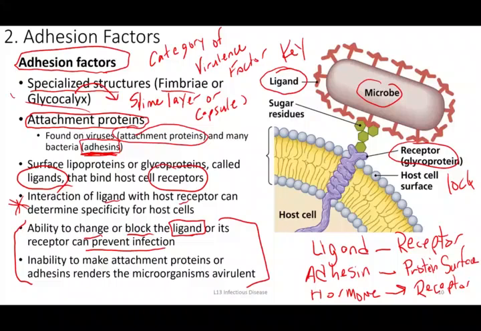And so it no longer can lead to the progression that we described before of binding, establishing infection, and potentially causing disease. So an extension of that, the inability to make those attachment proteins or adhesins is going to take an organism that was virulent and turn it into what we call avirulent, and that A means without or lacking, so lacking virulence.